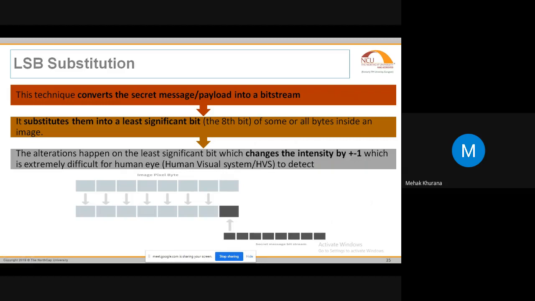As you can see in the image, the portion in black is your message that has to be inserted inside the image, and the upper portion in gray is showing the pixels of the image. This is the image. What I have done is I have converted the image into pixels, or you can call them bits. I've converted it into bits, and the message also has to be converted into a bit stream.